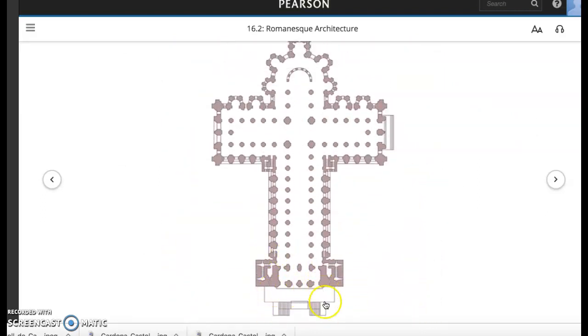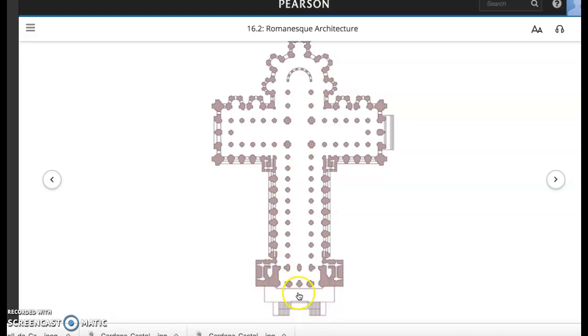Here's what is your main entrance. It's the entrance that's designed to have the most dramatic effect because you enter here and move directly into the nave, looking down the longitudinal axis toward that eastern apse, the most sacred space. But that is a ceremonial entrance.